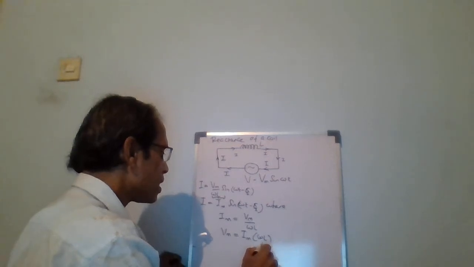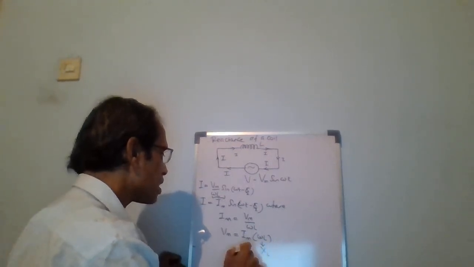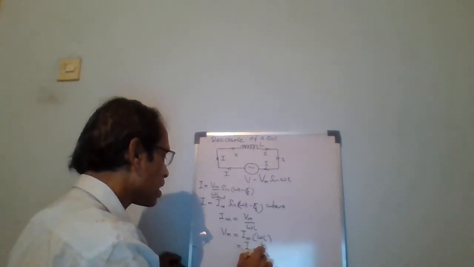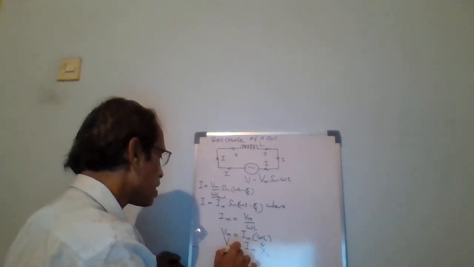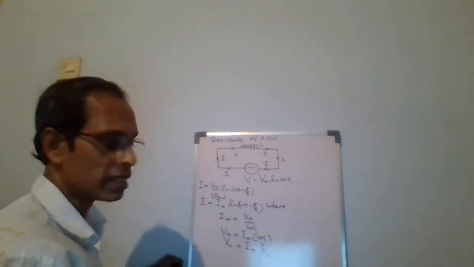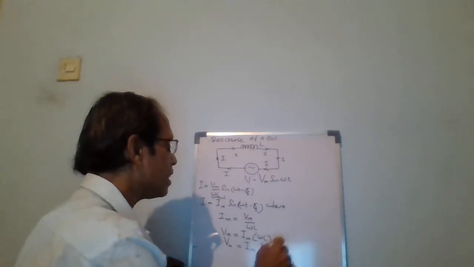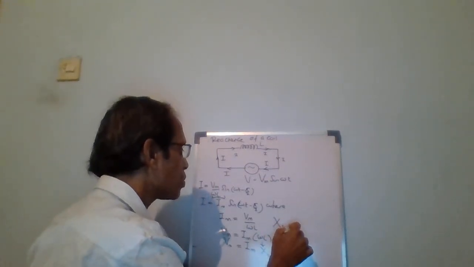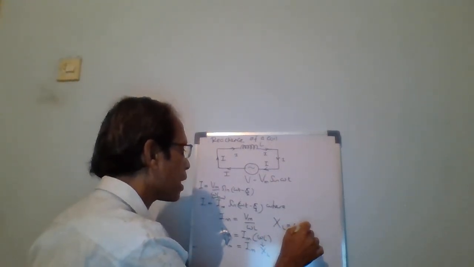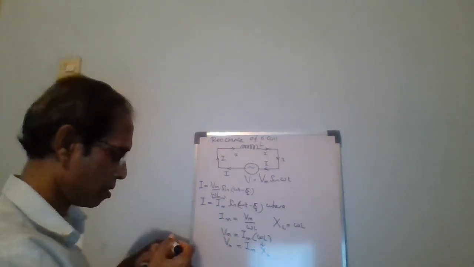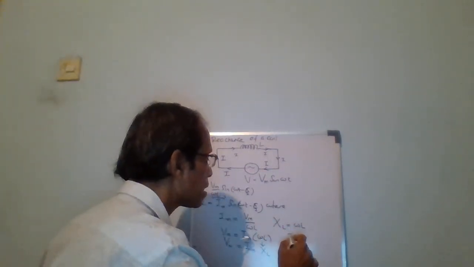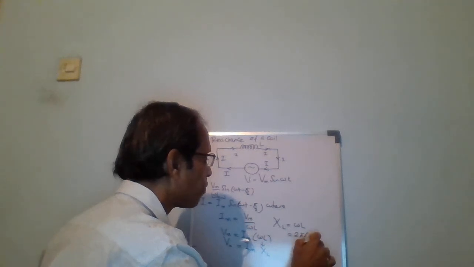This is called the reactance of the inductor. Then XL is equal to omega L, or sometimes we write 2 pi f L.